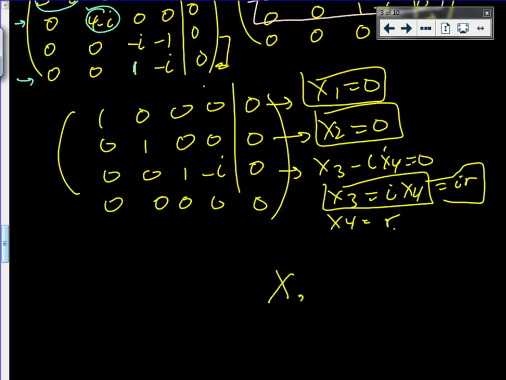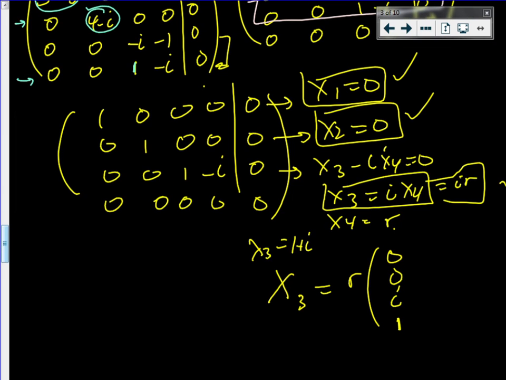This is x3, and it's associated with 1 plus i. So it's r times 0, that's x1, r times 0, that's x2, r times i, that's x3, and x4 is r times 1, or r.